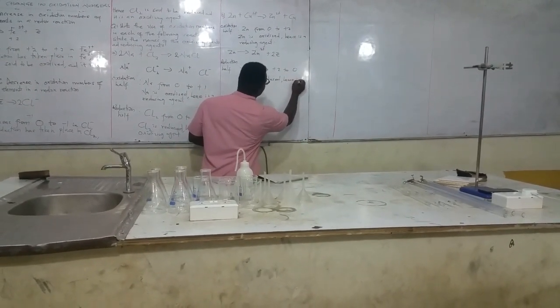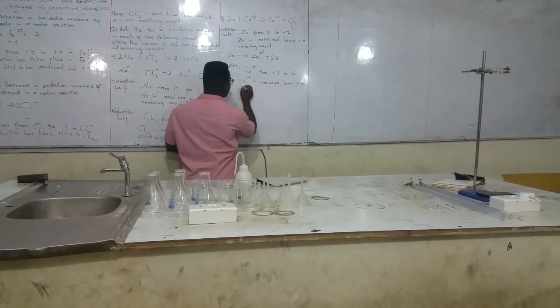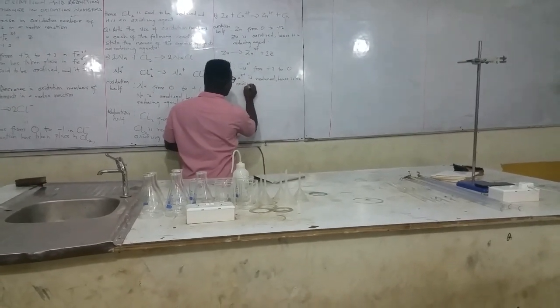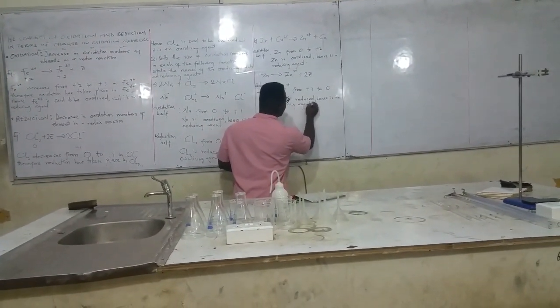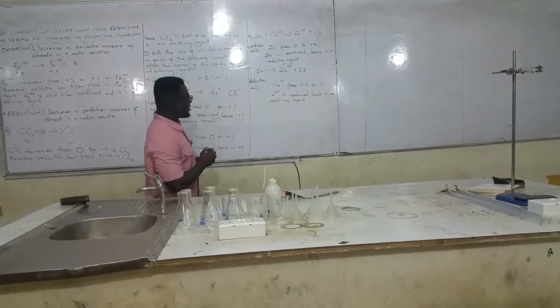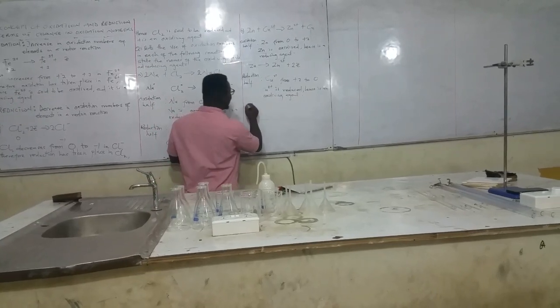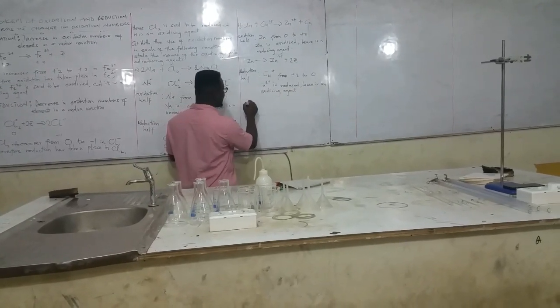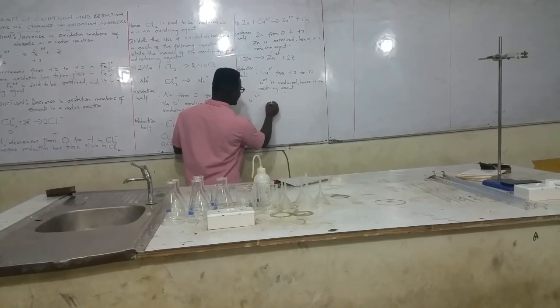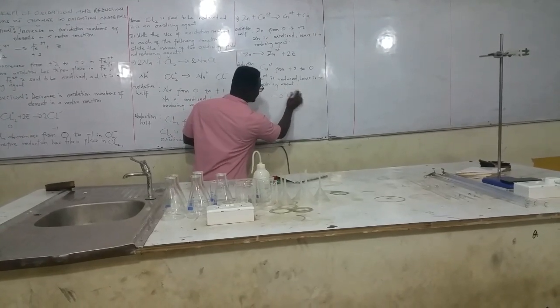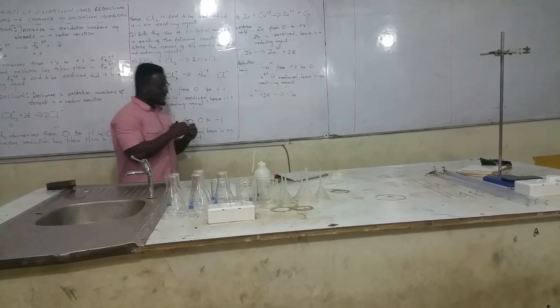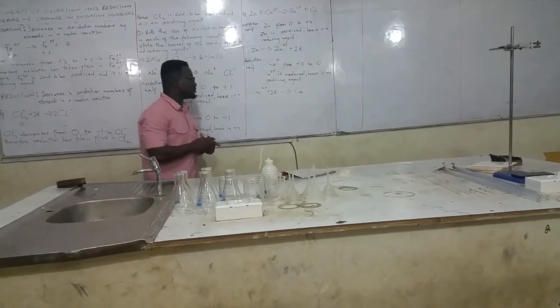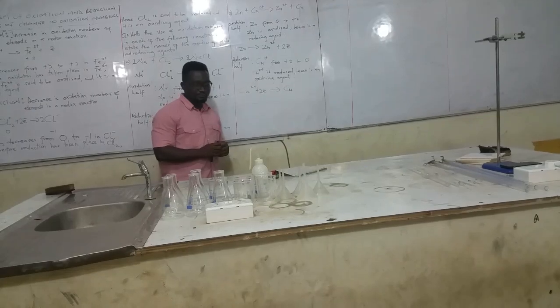Hence, it is an oxidizing agent. Wow, this is very nice. So the half cell equation will be Cu2 plus produces Cu. So I'll add plus 2 electrons here. Now this is the balanced half cell equation for the reduction half.